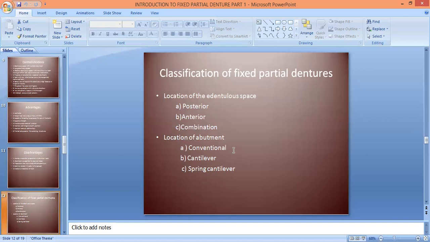Cantilever FPDs: here the abutment is located adjacent to the edentulous space, but the pontic is supported on one side only, as in the case of a lateral incisor and central incisor. Spring cantilever: here the abutment is not located adjacent to the edentulous space and the pontic receives support from one side alone.